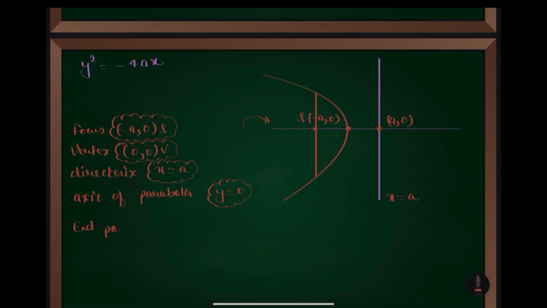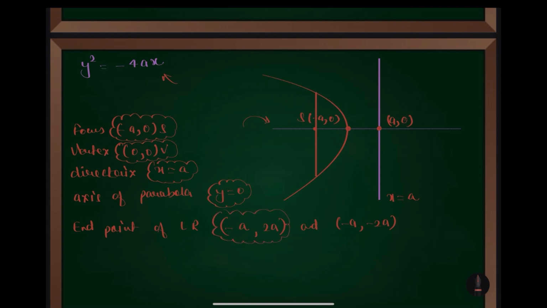End point of latus rectum, so it is minus a. So if you substitute minus a over here, you will have 4a square, so it will become 2a and minus 2a. So you got your end point of latus rectum.